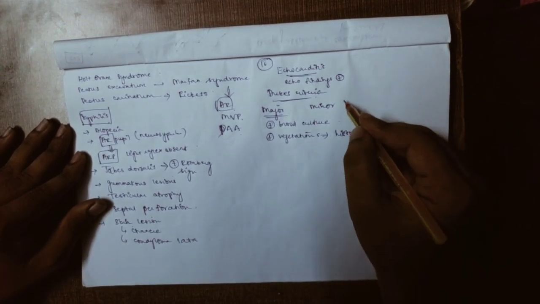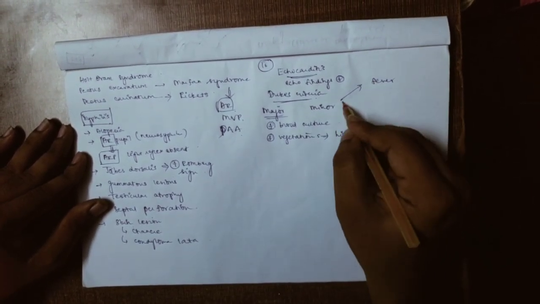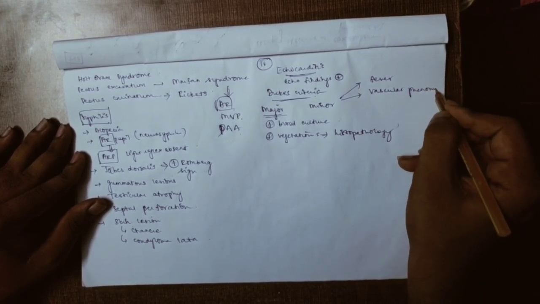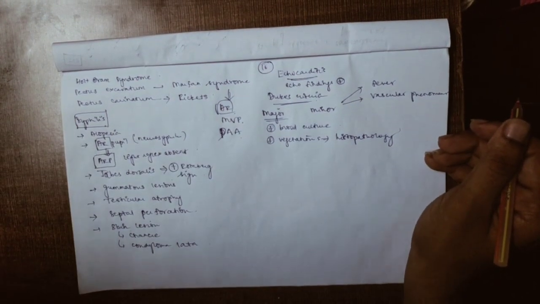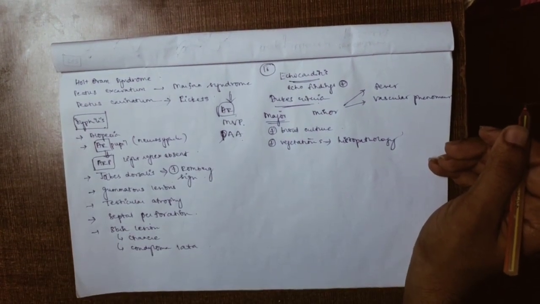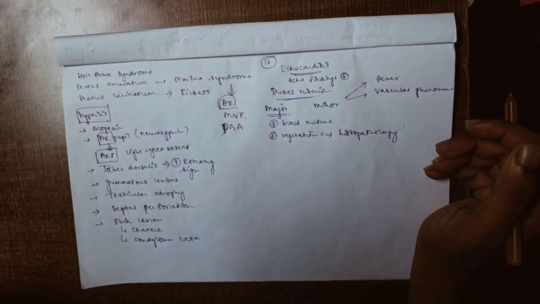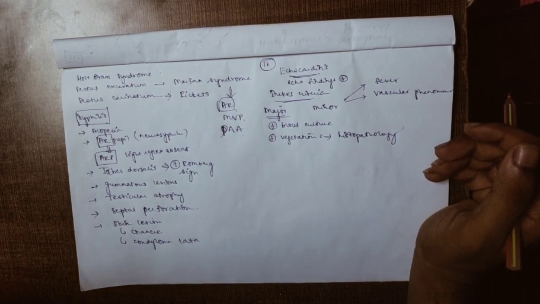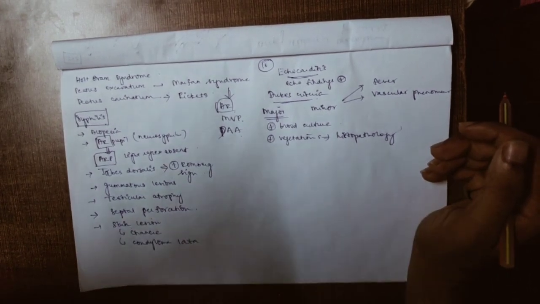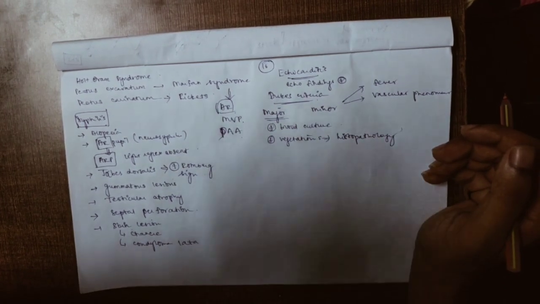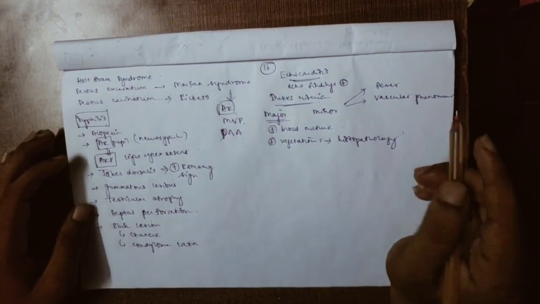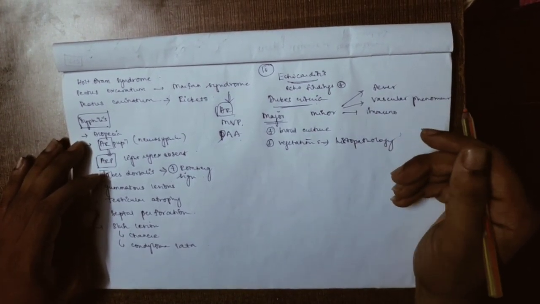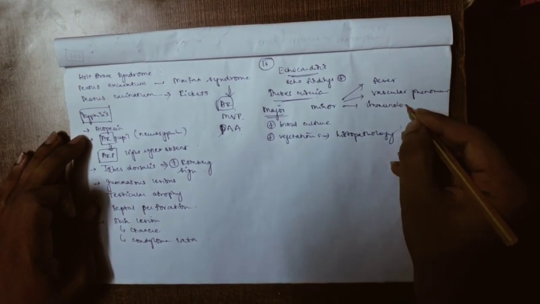And minor criteria includes fever, vascular phenomena. Vascular phenomena are splinter hemorrhages, Roth spots, though even Roth spots are considered to be immunological. So vascular phenomena could be emboli, embolic strokes, and intestinal angina, infarcts. And there are immunological phenomena, in which the Janeway lesion, Osler nodes, and Roth spots come under.